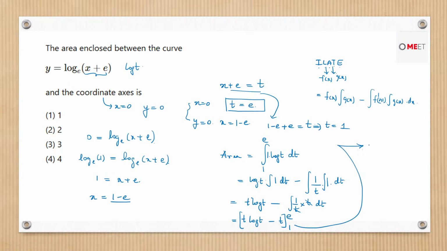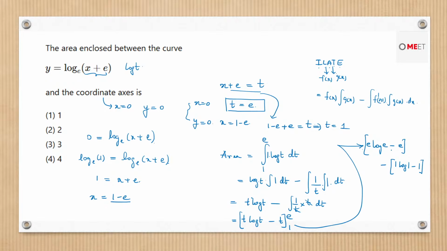If we substitute the limits, that is e log e minus e, minus of 1 log 1 minus 1.